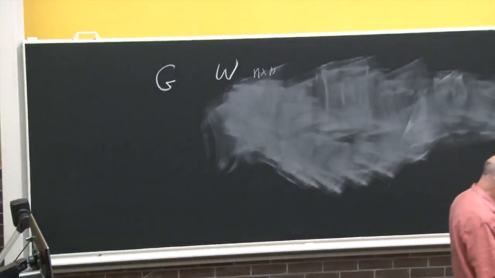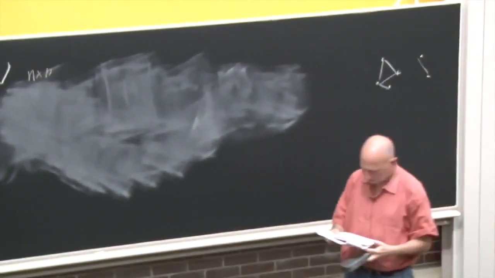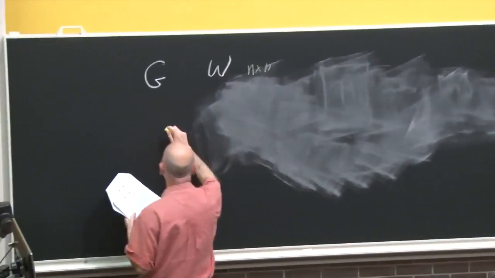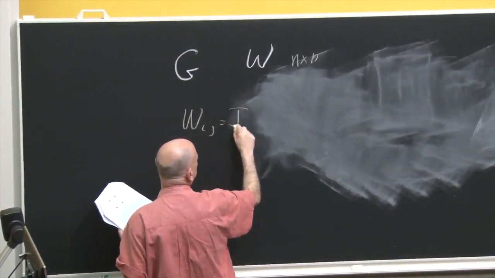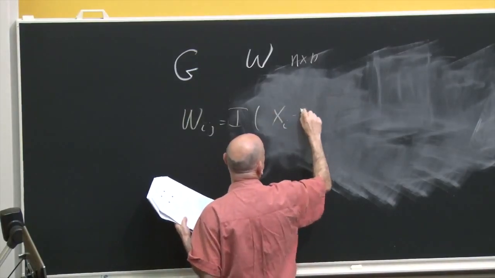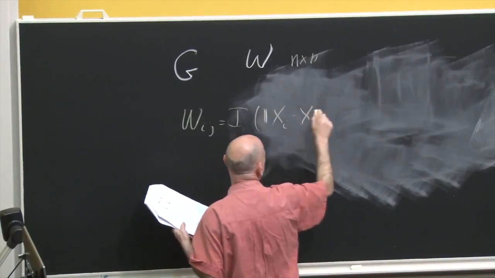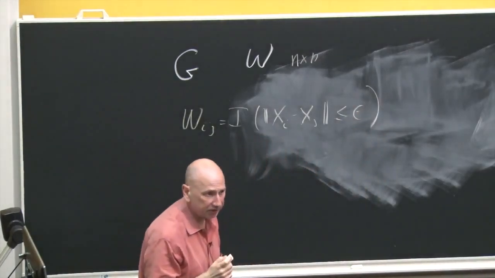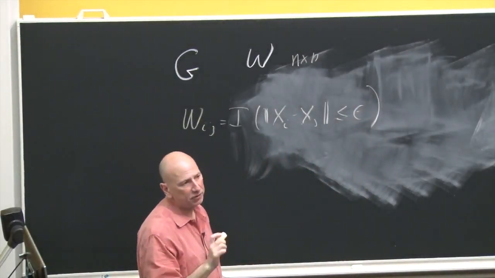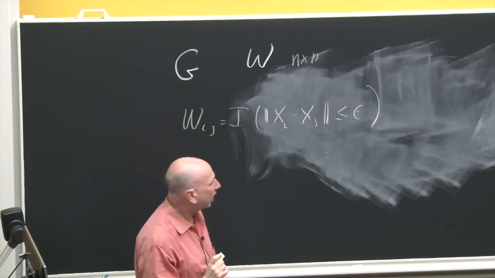Let's start off with two examples of the kind of graphs people use. One of them is simply w_ij is either 1 or 0. It's the indicator function of whether x_i minus x_j is closer than epsilon. This is very much like single linkage clustering, where we formed a graph if two things are within epsilon of each other or not.